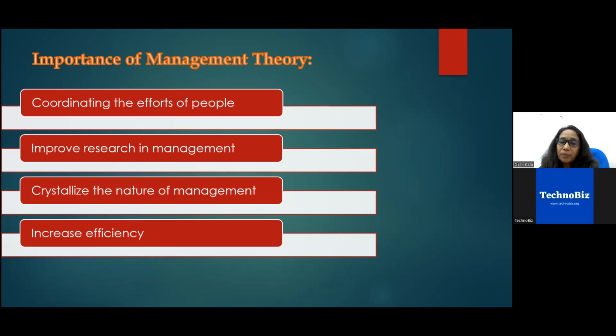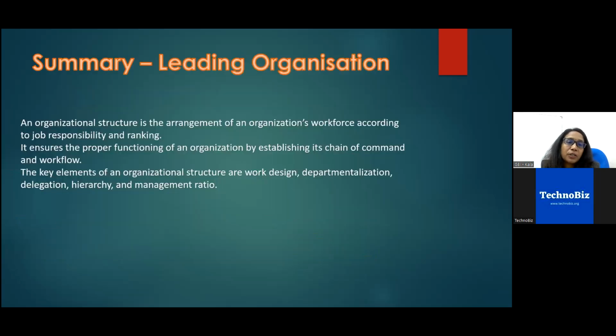Good management rests on the ability of managers to develop interpersonal competency among the members to support collaborative efforts at all levels of the organization. So the importance of management is coordinating, improving research in management, and crystallizing the nature of management, and this can always increase efficiency in the organization.